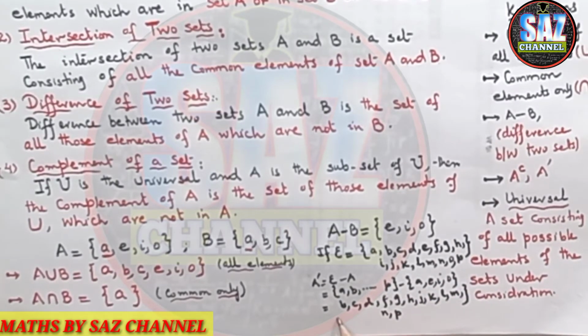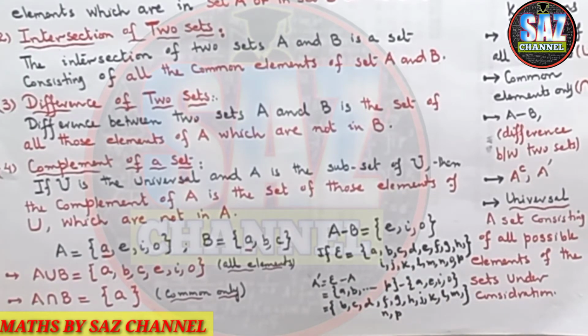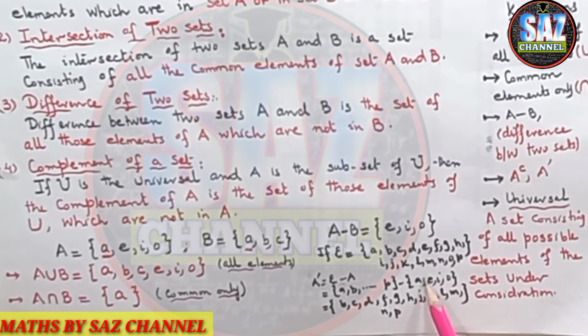Now, in the answer, I have to write the remaining elements of universal in A complement. If we look at both the sets, universal and A, element A is present in both the sets, so we are going to exclude it.